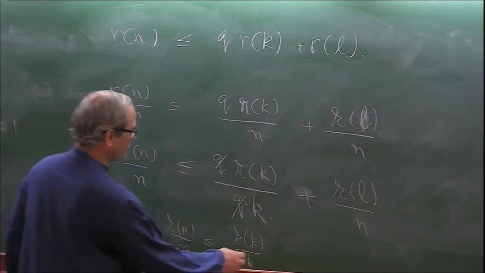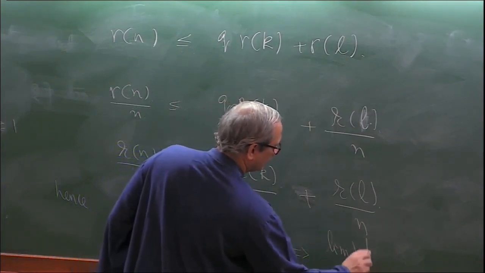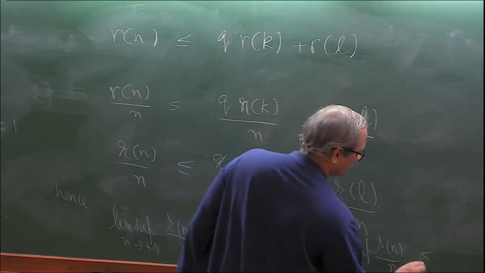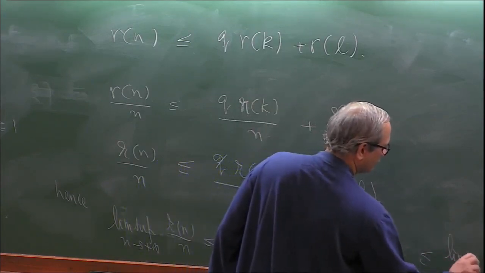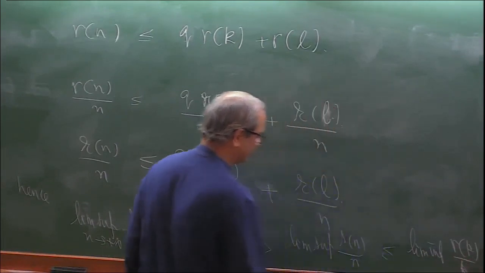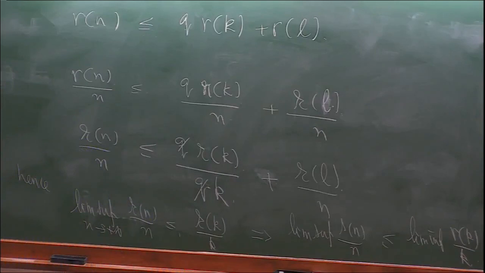Passing to lim inf, you get that lim sup Rn by n is less than or equal to lim inf Rk by k, which implies that lim sup and lim inf are equal and the limit exists. Okay?